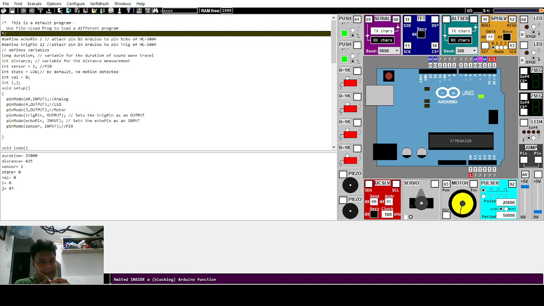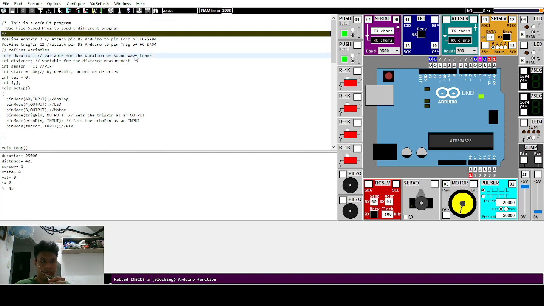So for recap, at 0 to 2.5 volts the device will be set to ultrasonic, and at 2.5 to 5 volts, the device will be set to detect motion.